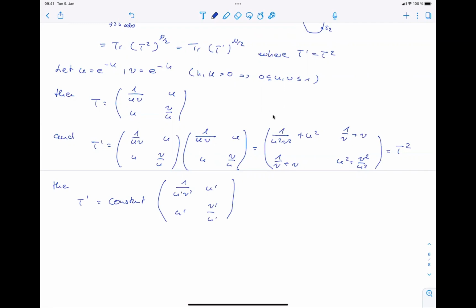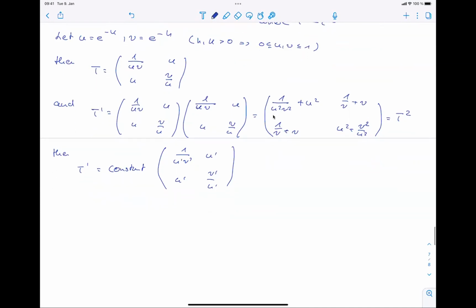And so that gives me, if I put this equal to that, 3 equations of how to determine my u prime and my v prime. So we now solve for u prime and v prime. This constant I call c.